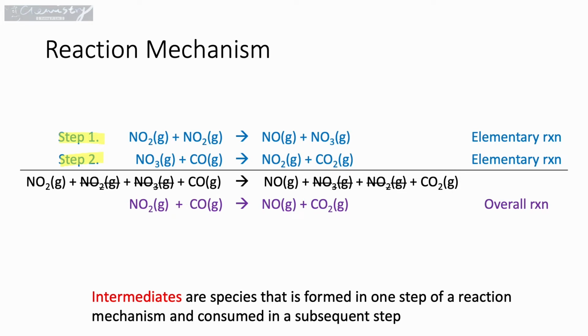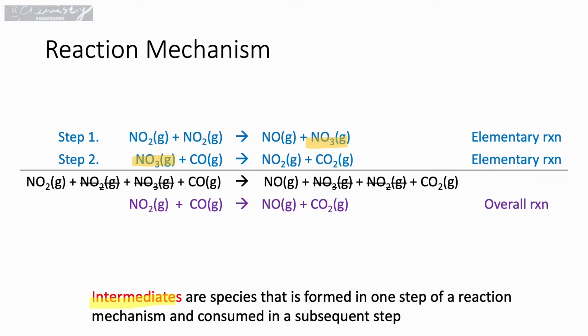The things we crossed out that are the same before and after are called intermediates. These intermediates are species that are formed, but then they are consumed right after. If you look into the elementary steps, after the first reaction, we formed an NO3. But then at the next step, NO3 is immediately used up to form something else.